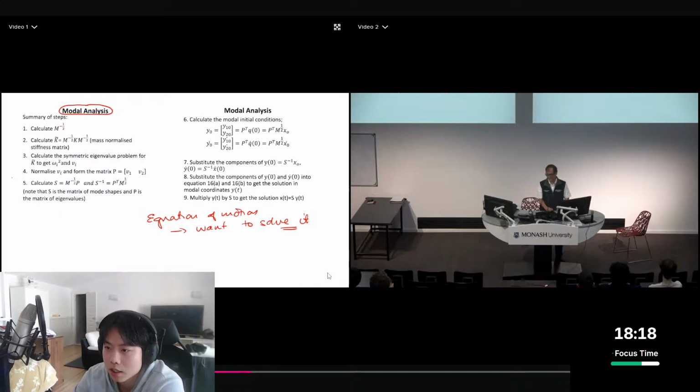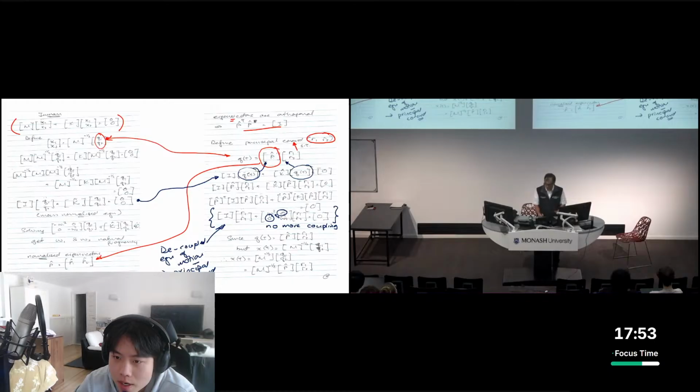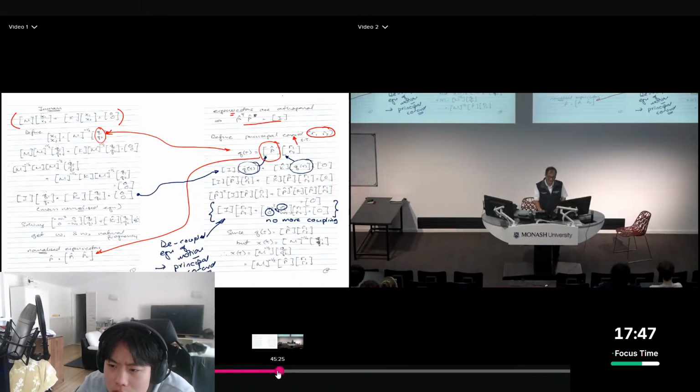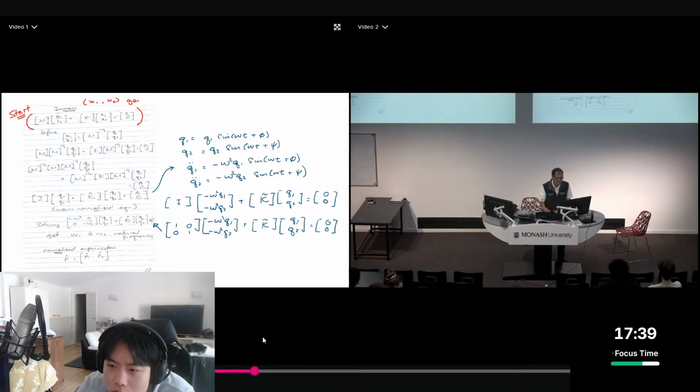Initial conditions. Life only when we consider the principal coordinate, and these determine motion. Cholesky, these are my generalized coordinates.